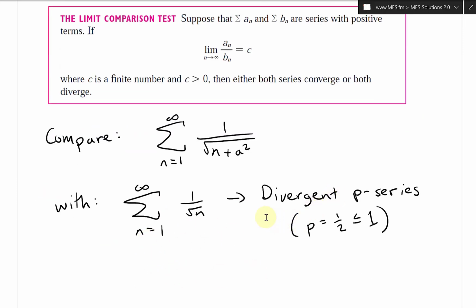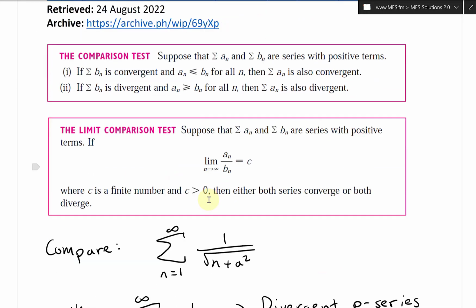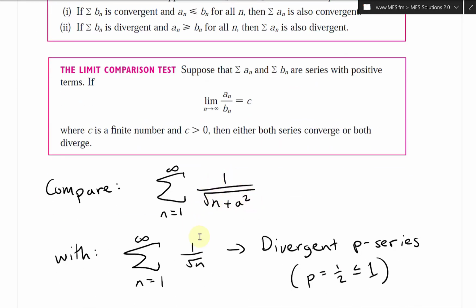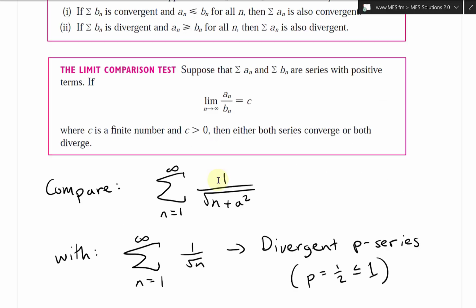So we know this is divergent, and now what we'll do is we'll take the limit comparison test. So we'll take this an over this bn right here. So let's take that test right now. Thus, the limit as n approaches infinity of the an term, the one we want, over the comparison one, the bn.